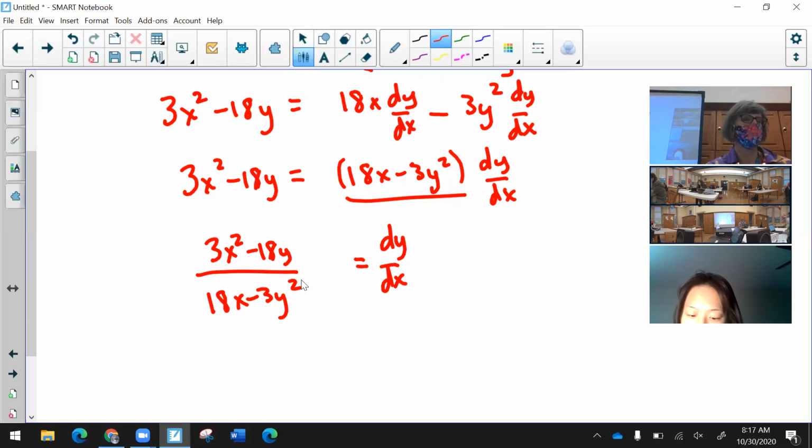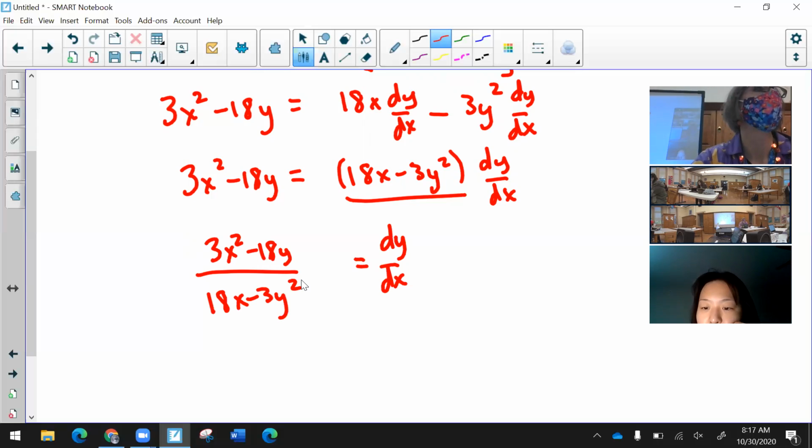So we feeling okay? Yeah? Okay, so this is a really good question, but would dy represent 3x squared minus 18y? No. Right now, in situations like this, dy/dx is a single unit.